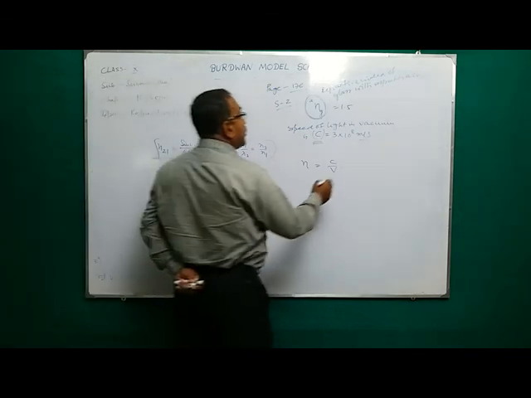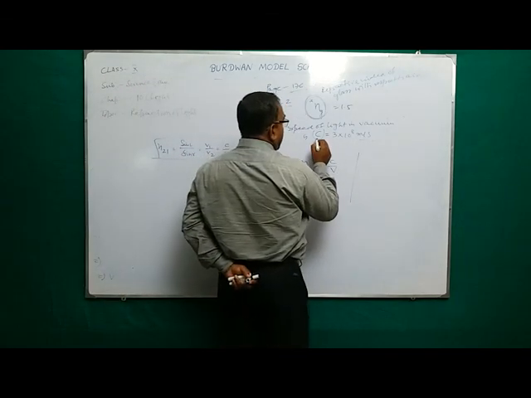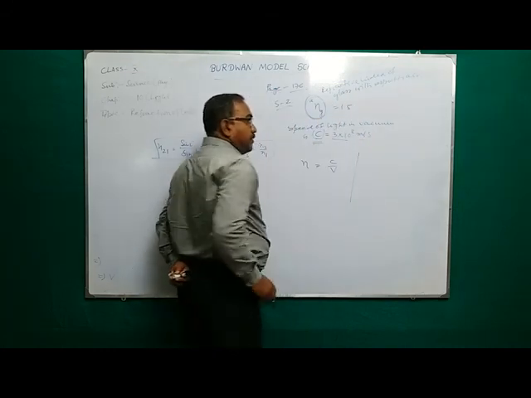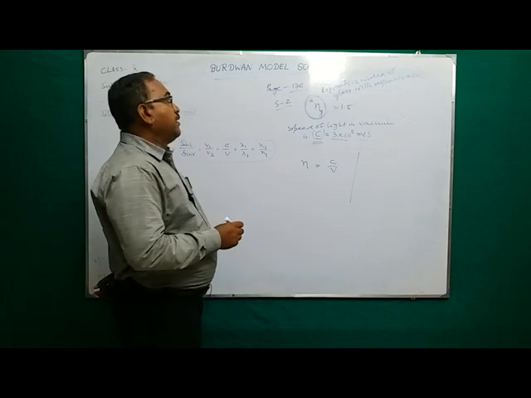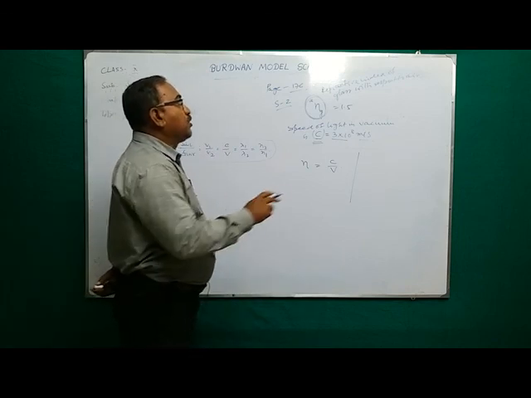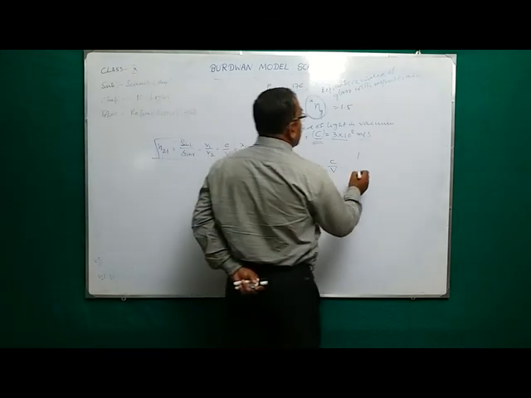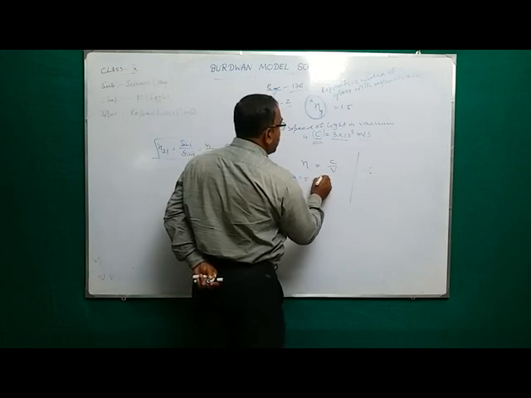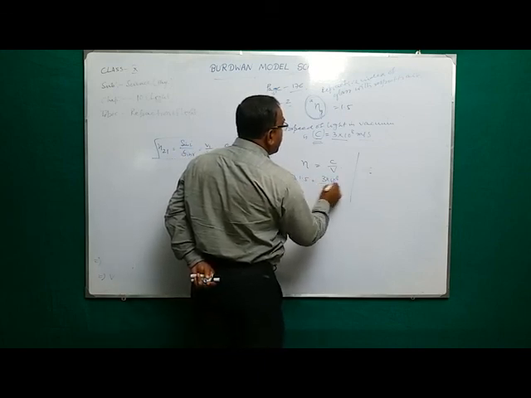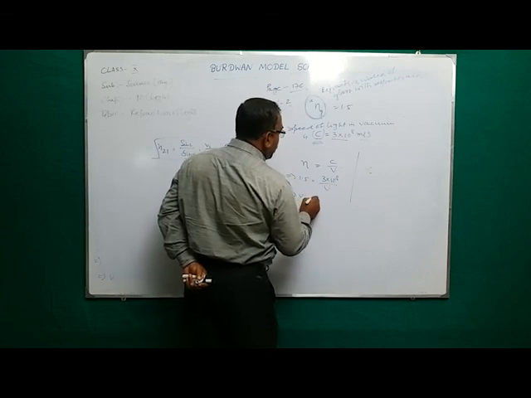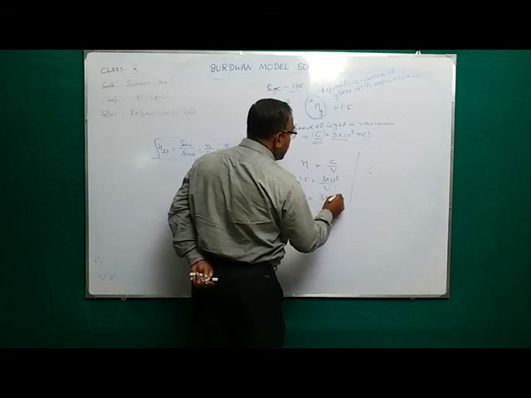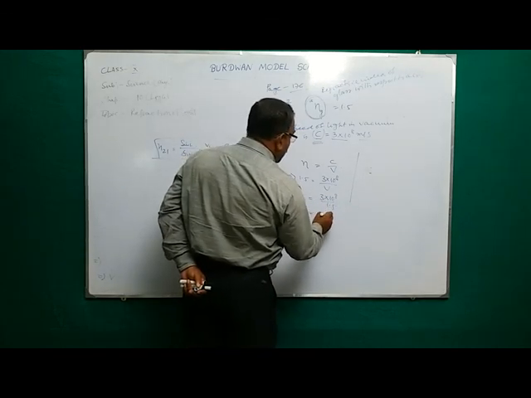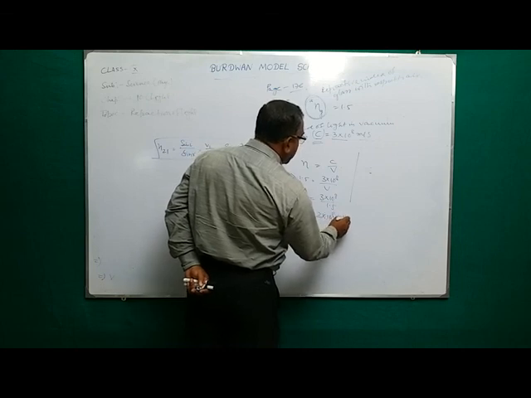But according to your formula, the speed of light in vacuum is not equal to speed of light in air. But we consider here both are same. If you consider both are same, that is equal to 1.5 equals 3 into 10 to the power 8 by v. You can easily find out the value of v. v equal to 2 into 10 to the power 8 meter per second.